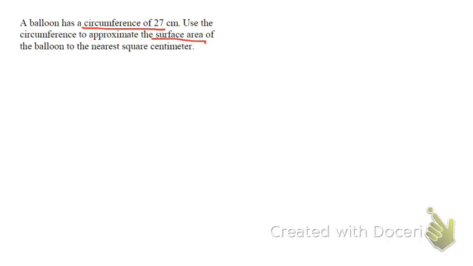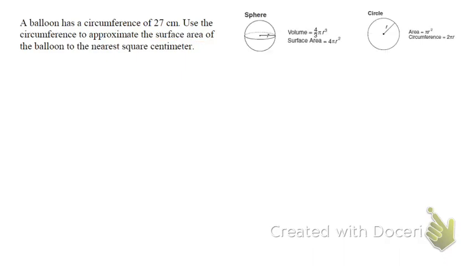So again, I need two formulas, one for surface area and one for circumference, and it doesn't really matter which one you write first. So referring to your reference sheet, I have two formulas I'm going to need. Just write them both down in either order.